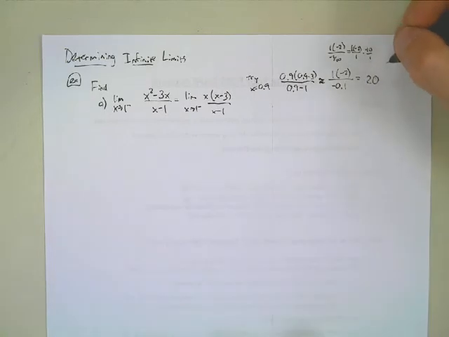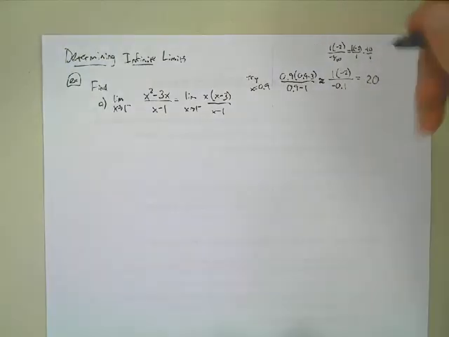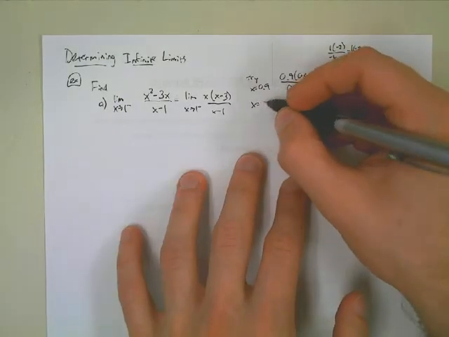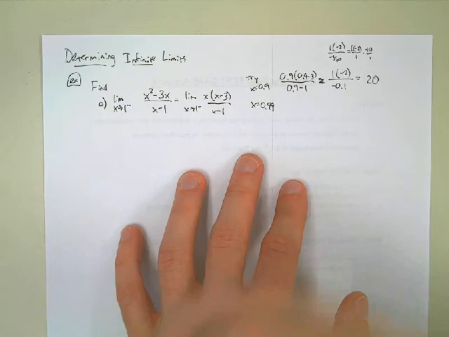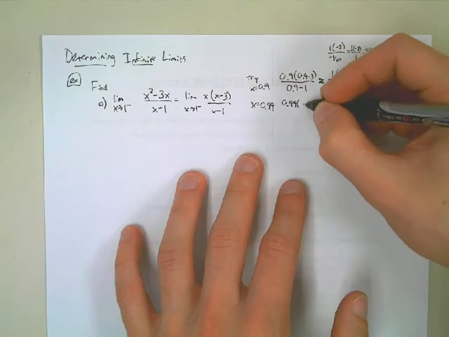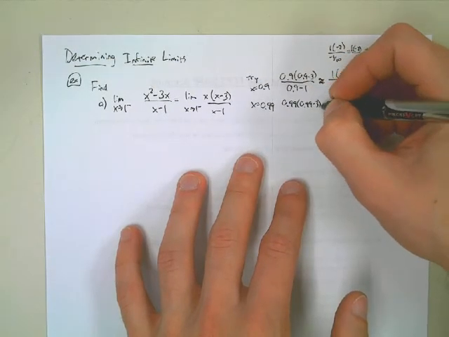Now, let's try going even closer. Let's say x equals about 0.99. That would be 0.99 times 0.99 minus 3, over 0.99 minus 1.